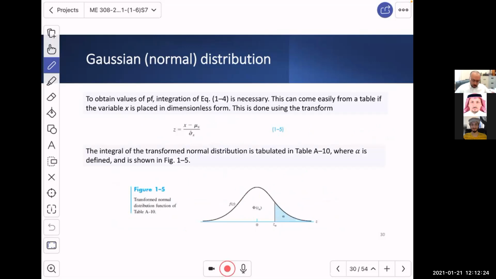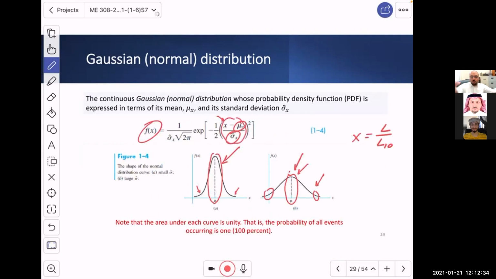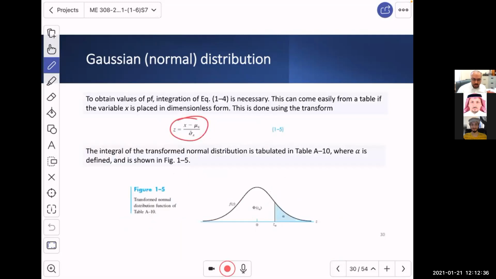So what did the statisticians do? They said, okay, let's transform that equation. Here, we take this part and we call it Z. And then we transform the integration, and by transforming it, we make it into a simpler, computationally easier function. Then we have, instead of f(x), f(z).